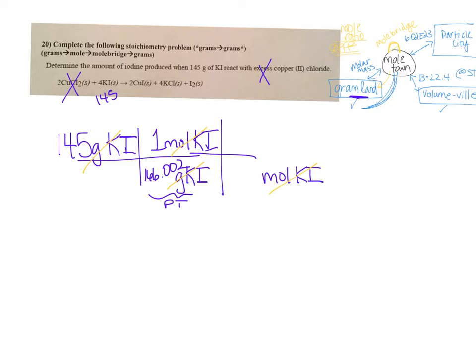Okay. And we know that we need to, in mole town, cross that mole bridge. So we have a mole to mole ratio. We're going to make it be iodine, which is this I2. He's diatomic. Okay. And we're going to look for our coefficients. This is your mole bridge.